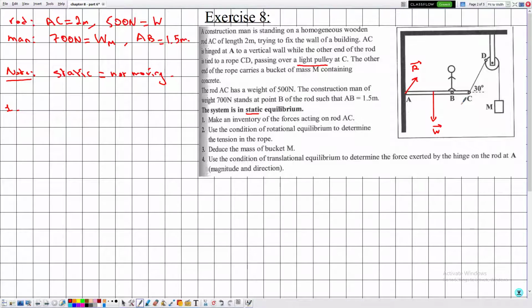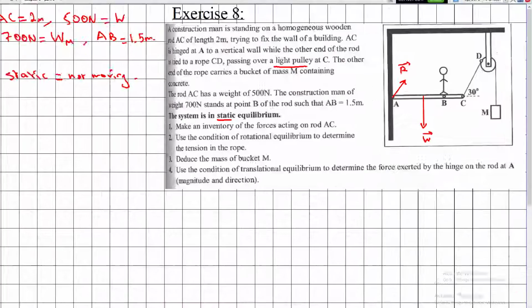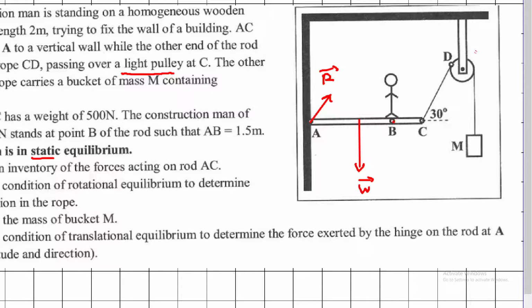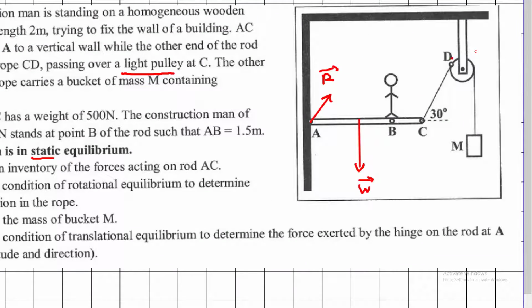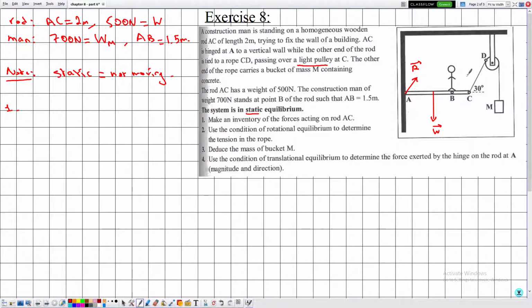This is extremely important because we need to represent the forces in the correct manner, otherwise everything will be wrong. Notice that in this exercise, they have labeled points for me. They already labeled the point B. Later on, we will discuss why they are labeling the point D.